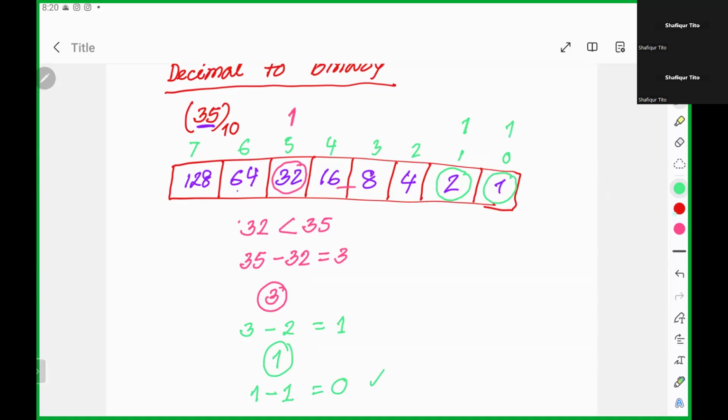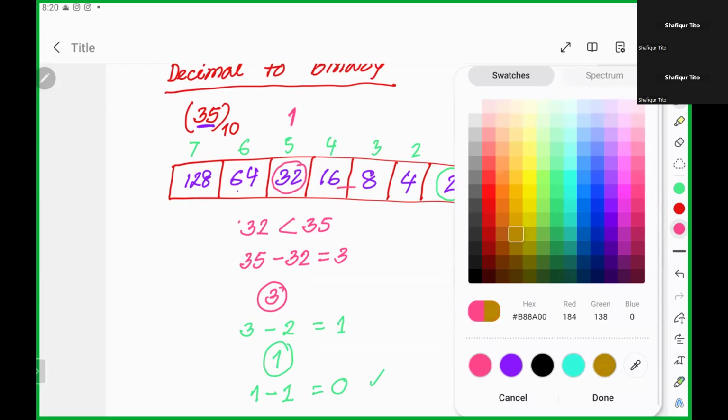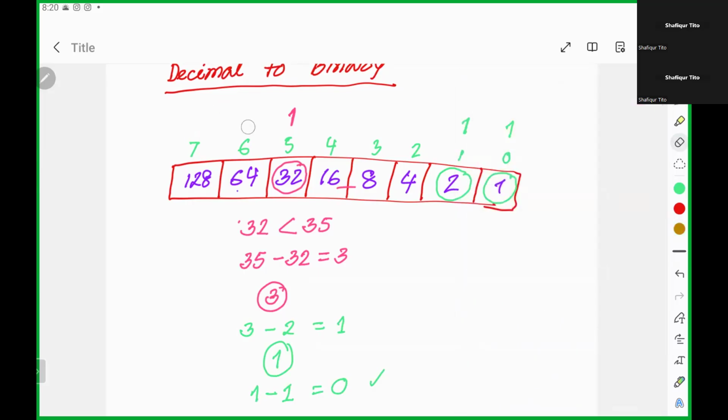What I have to do next is place 0 in the rest of the positions. So first I will remove this, and then in the rest of the positions I will place 0, 0, 0, 0, and this is the 35 decimal number.